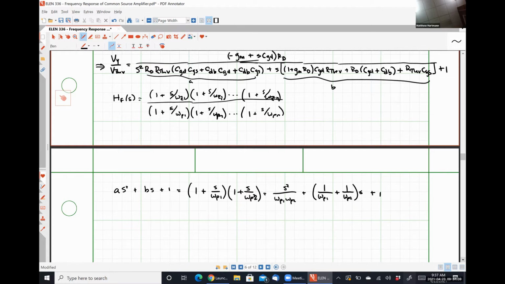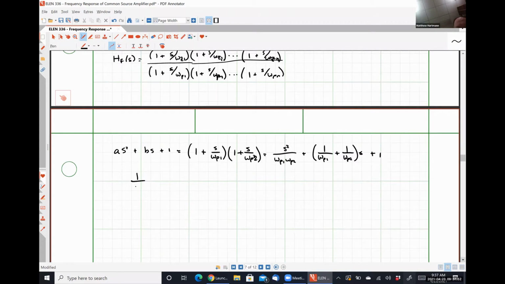So our assumption is that one of our poles is dominant, meaning that it's occurring at a much lower frequency than the other poles. In that case, 1 over omega P1 plus 1 over omega P2 is approximately equal to 1 over omega P1, which tells us that omega P1 is simply 1 over B. That is the assumption that we're going to make.